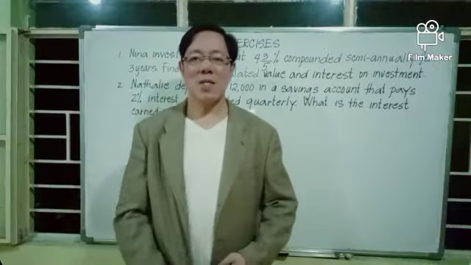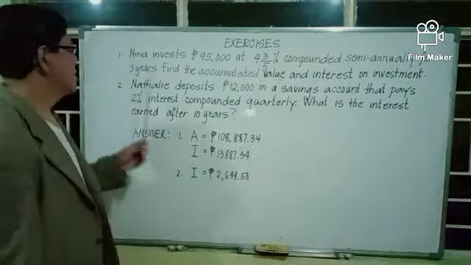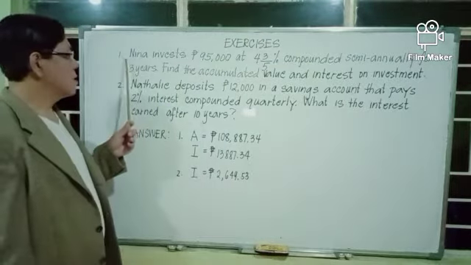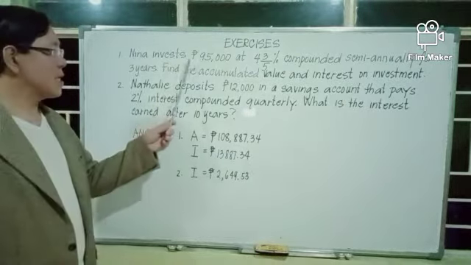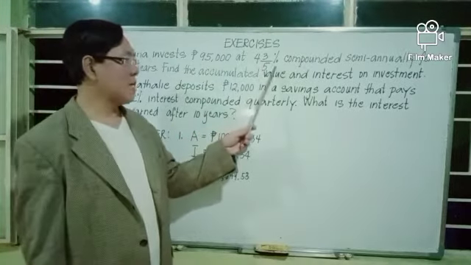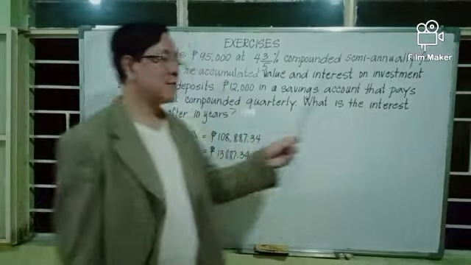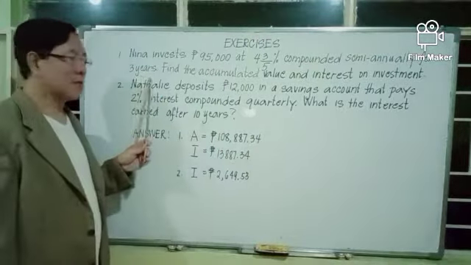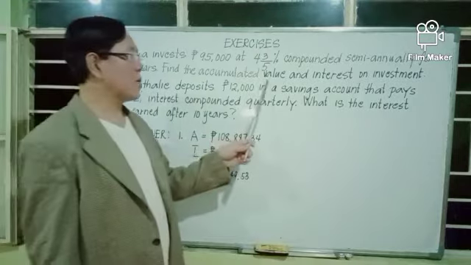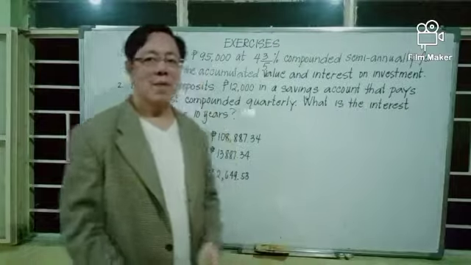For your practice, please try the following exercises. Number 1, Nina invests 95,000 pesos at 4 3/5% compounded semi-annually for 3 years. Find the accumulated value and interest on investment.